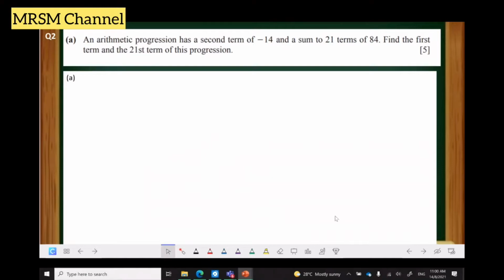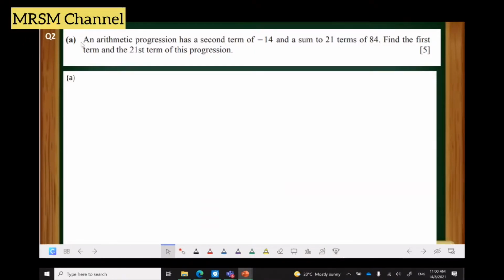Next question. Okay, we look at this. Dia kata arithmetic. Sekarang ni soalan progression. Soalan progression, arithmetic progression has a second term of negative 14 and a sum to 21 terms of 84. Okay, so find the first term and the 21st term of this progression.